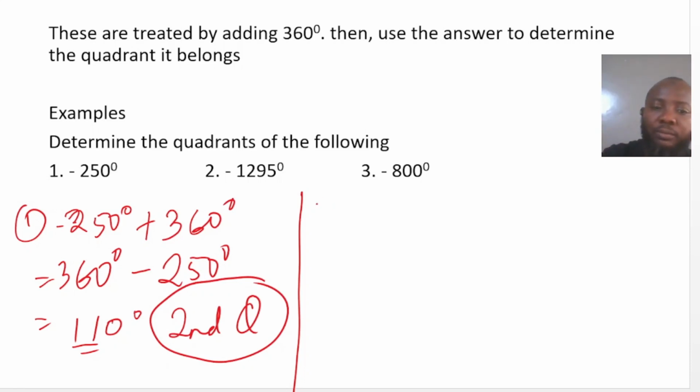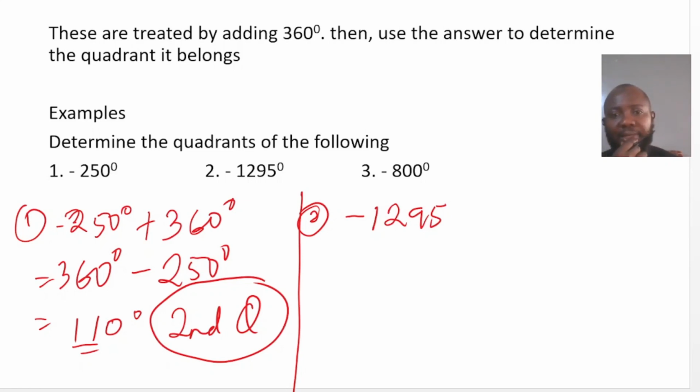Then to the second question, what we have is minus 1295 degrees. So what we are going to do is look at the multiple of 360 that is closest to 1295. The multiple of 360 that is closest is 360 times 3, which is 1080. If we added another 360 to it, it would be more than 1295.